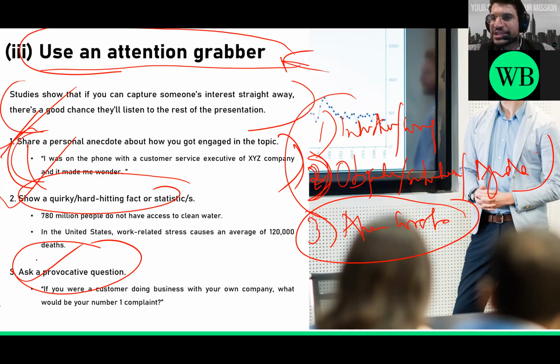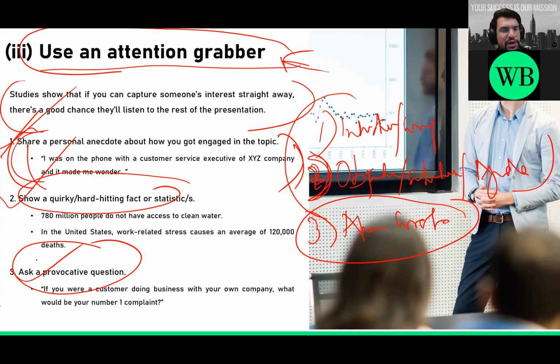And if you're clear that that's what you want to do, even the way you start the presentation, what hard hitting fact you put in, what provocative question you put in, needs to in a way get married to the objective that you want to meet, right? That's the beauty of people that are crystal clear on their objective, ladies and gentlemen. So the same quirky hard hitting fact can be converted into a provocative question for the audience, right?